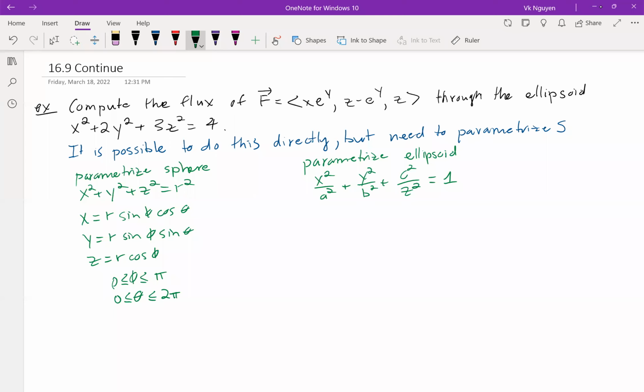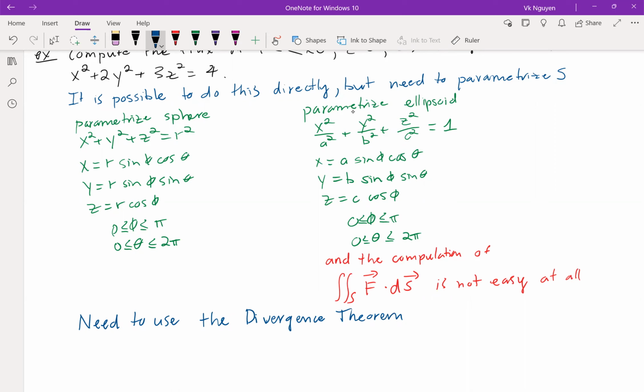When you parameterize it, instead of r, you're going to have a, b, c. x equals a sin phi cos theta, y equals b sin phi sin theta, z equals c cos phi, and the angle phi is the same, 0 to pi. The angle theta is 0 to 2 pi. It is possible to do the parameterization, but when you do the substitution and compute F dot dS, oh man, that is crazy. We don't have to deal with the parameterization of S.